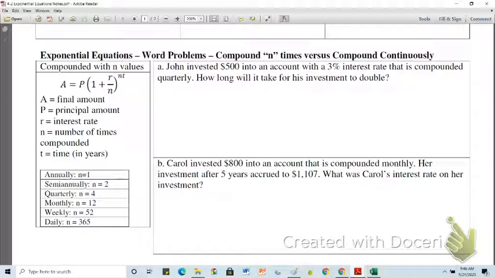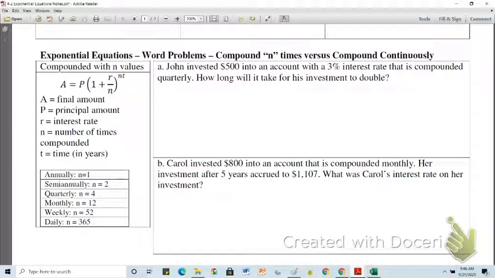We are going to hold off on compounded continuously because that involves e. We're just going to deal with the compound interest formula over there. Hopefully you have seen this before. But now we're going to figure out how we could solve for time without just guessing and checking.